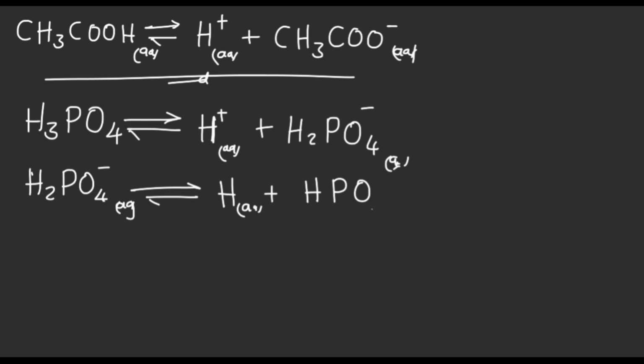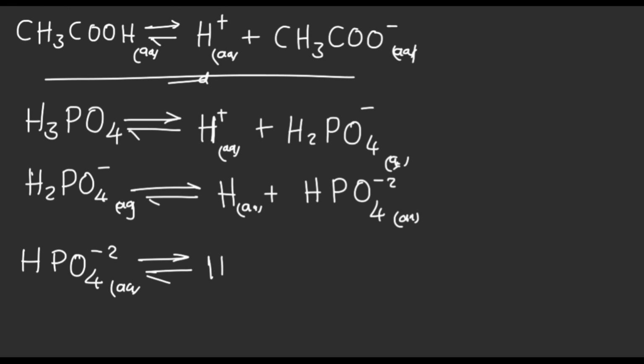So HPO4 to the power negative 2, since we have removed 2 atoms of hydrogen. Then let's take this to the left side. We have HPO4 minus 2 aqueous. Then we have H plus aqueous plus PO4 minus 3.